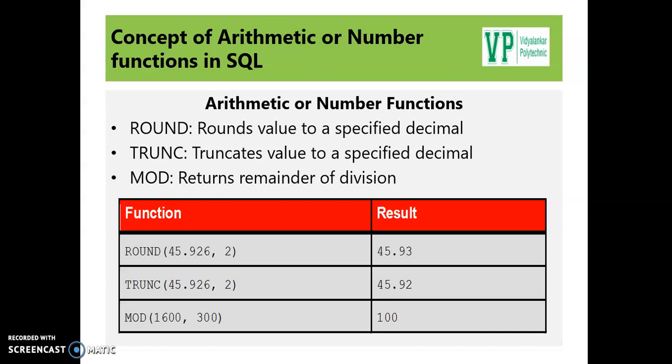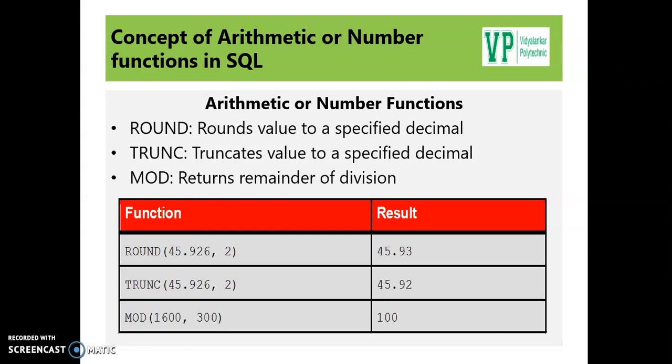Whereas in the truncate function, if we take the same input 45.926 and the specified decimal is 2, you can see the resultant value is 45.92. It doesn't care about the next digit of the specified decimal. It truncates, or decreases, the value up to the specified decimal.